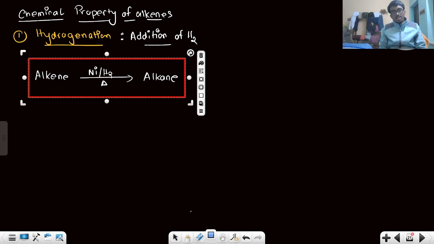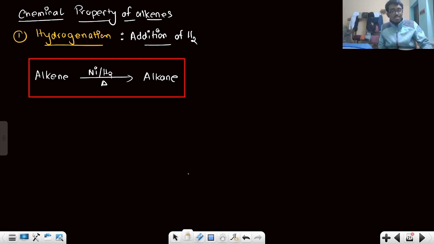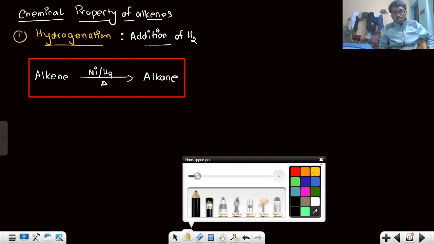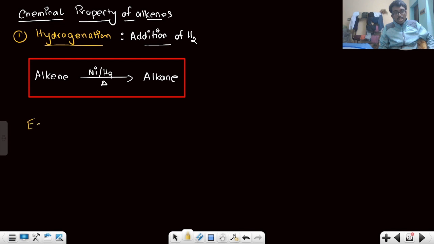Last time, if you remember, we used Lindlar catalyst because that was an alkyne and we had to stop the reaction at alkene. This time we are not doing so. Clear? Done. Very simple examples will be asked from here. Like suppose I have CH2 double bonded CH2 and I am converting it to alkane.